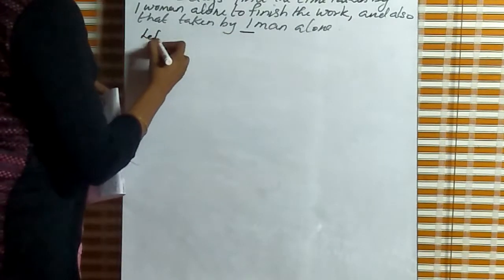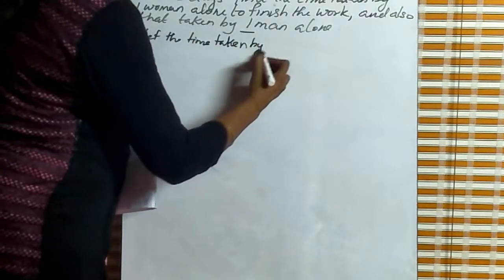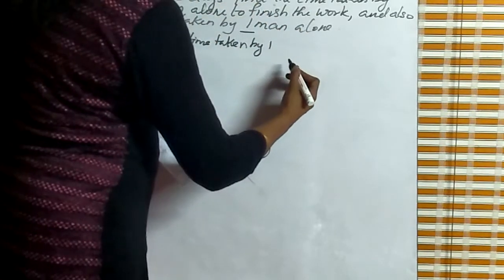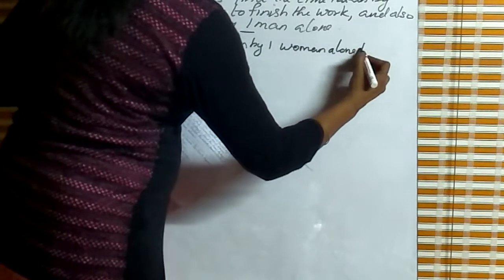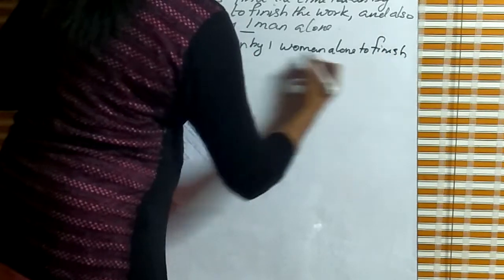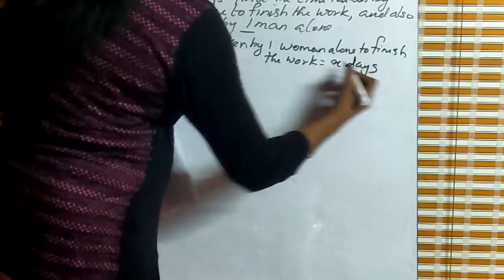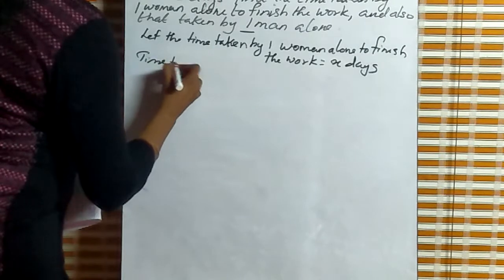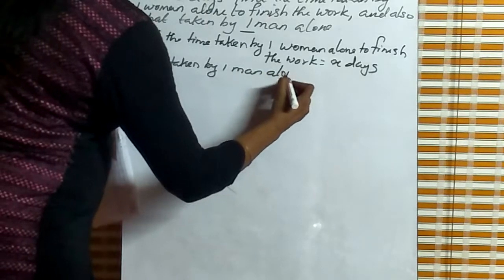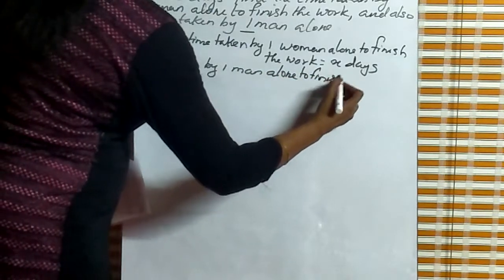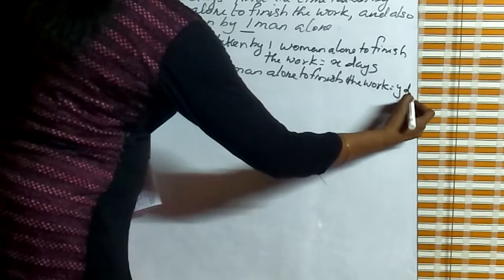Listen. Let the time taken by one woman alone to finish the work be x days, and time taken by one man alone to finish the work be y days.